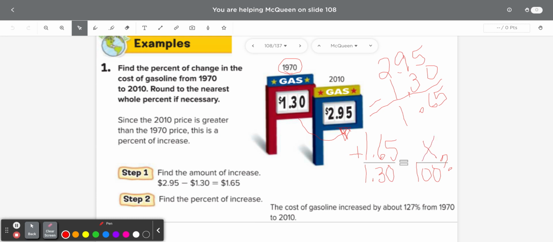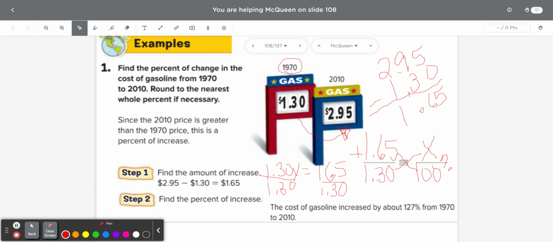And so we want to find that side over there. So remember, we do not know the percent. We are finding that out right now. And I use my cross products, and I find out that $1.30x equals $1.65 times 100, which ends up being 165. So we divide by $1.30 on each side, to undo the multiply. It's a division, so I divide by $1.30 on each side, and we get something like 126 point blah, blah, blah.